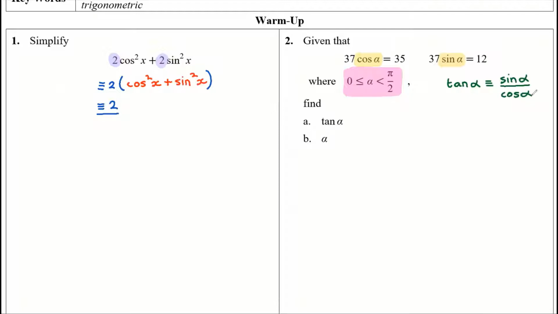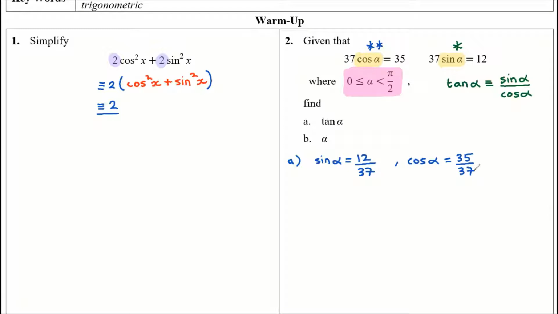Well, sine alpha, I can get that just by rearranging this equation here. So I'll do that. We've got a bit of space at the bottom. So for part A, sine alpha is just going to be 12 over 37. And I can also use the second equation here. Cos alpha, just rearrange it, make cos alpha the subject, is going to equal 35 over 37.